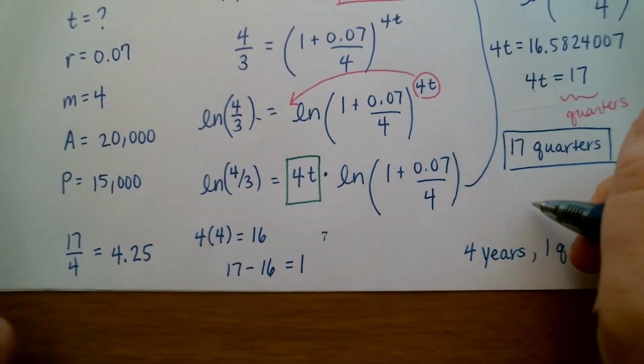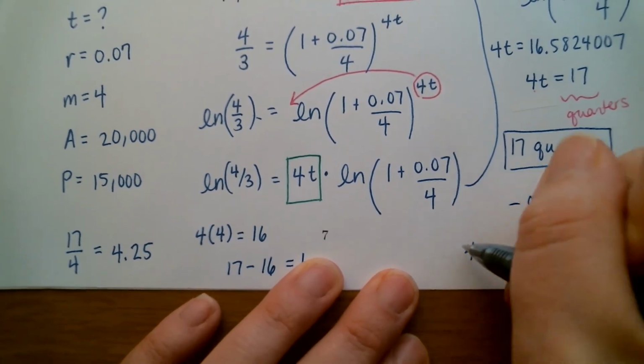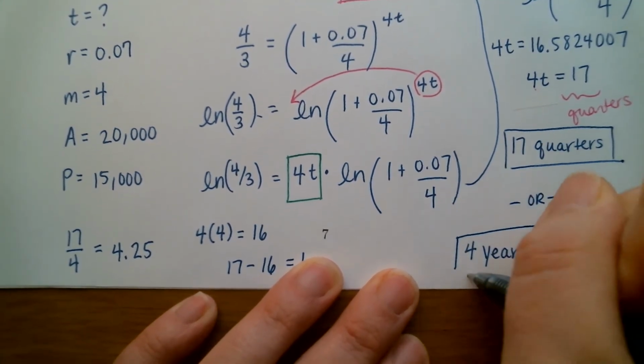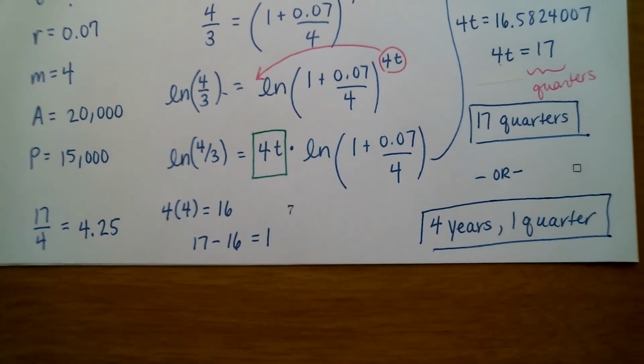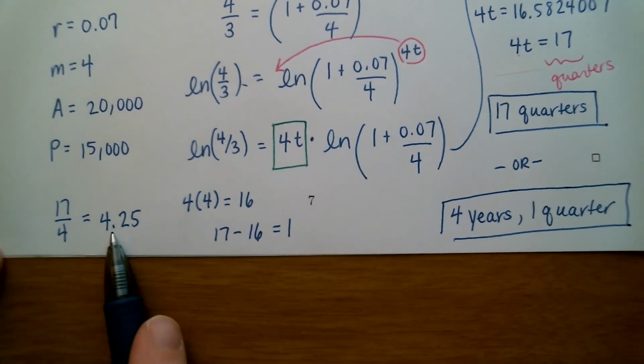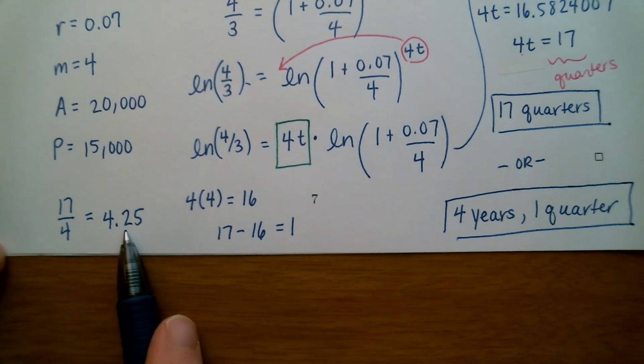So this is another way you can express your answer: 4 years, 1 quarter. You could even go a step further. 1 quarter is 3 months, so you could also say 4 years, 3 months. If you had left the answer like this, 4.25, it would be 4.25 years.